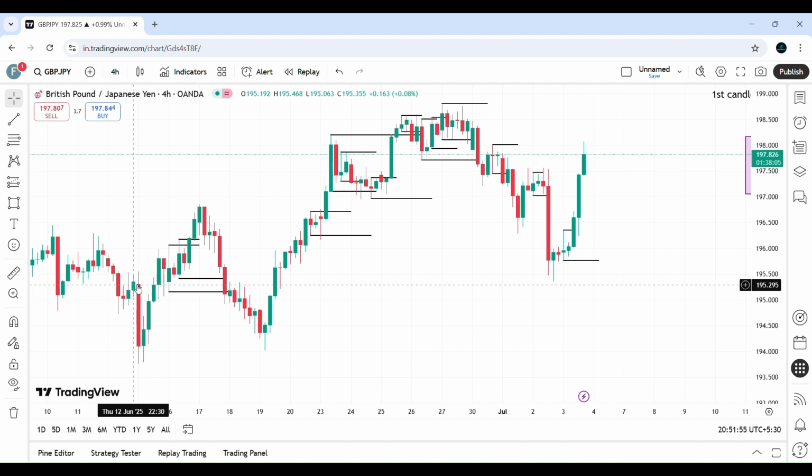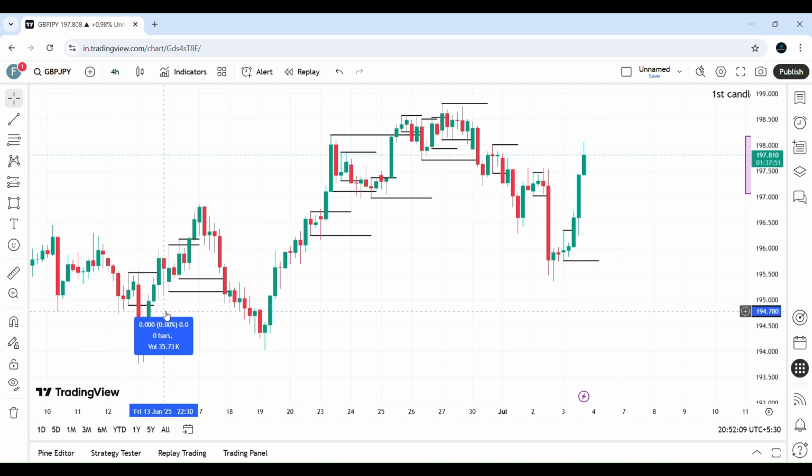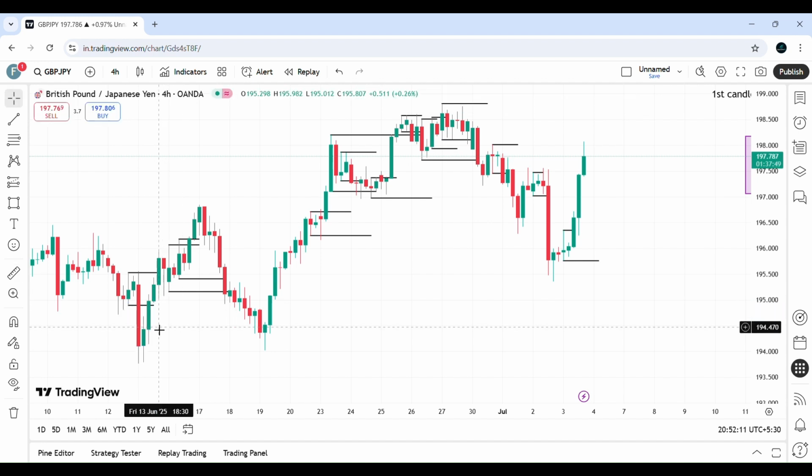The second one is inside the first one. And that's another win again. Look at the breakout. You won again. And this candle is inside this one. So you have another entry over here. And that's another win.